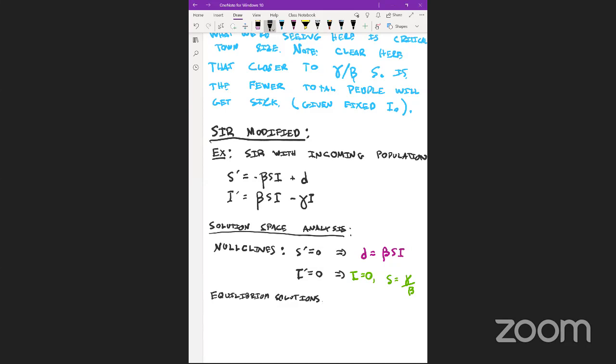So equilibrium solutions always occur at the intersection of the null clines from different equations.